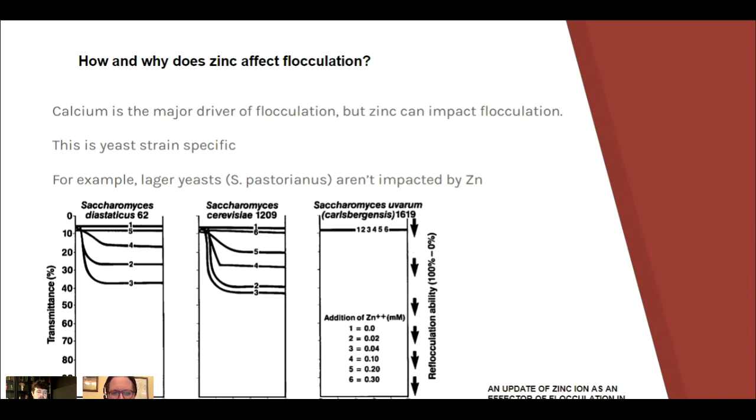So it seems like ale yeasts respond to the presence of zinc, and lager yeasts don't. It might come down to genetic differences between those yeasts. Maybe the eubayanus contribution to the lager yeast has changed how it responds to zinc.